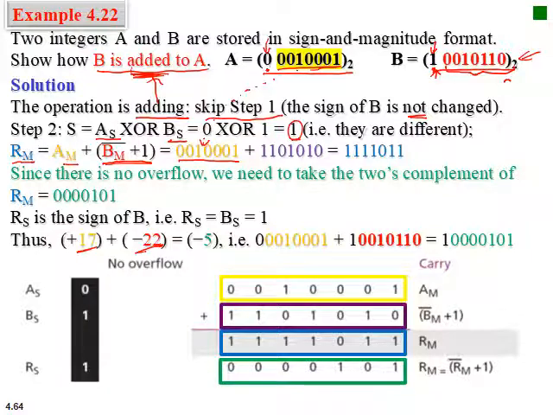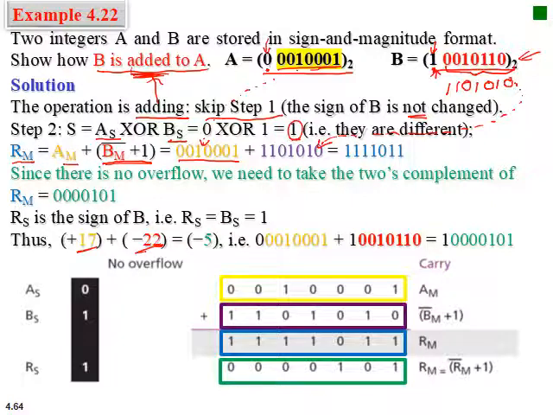So we copy the rightmost 0, we copy the 1, and then we stop. The rest of the bits we simply flip, so that becomes 0, 1, 0, 1, 1. And that is exactly the result that we see over there.